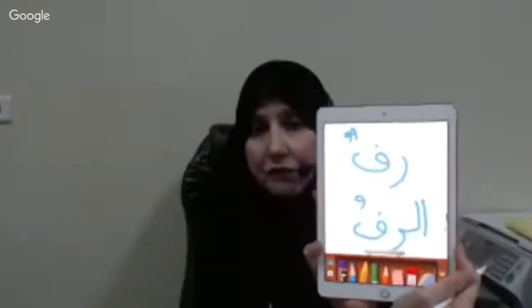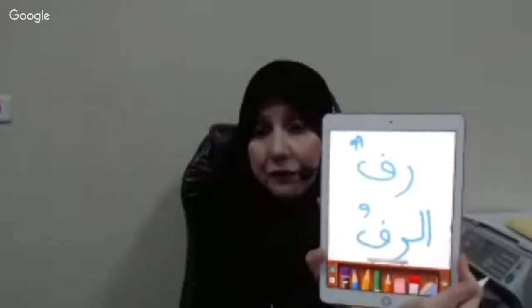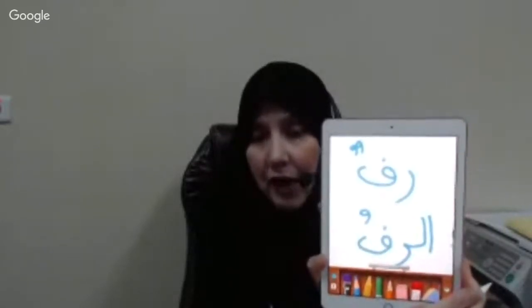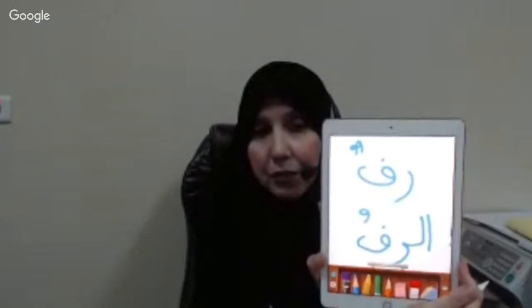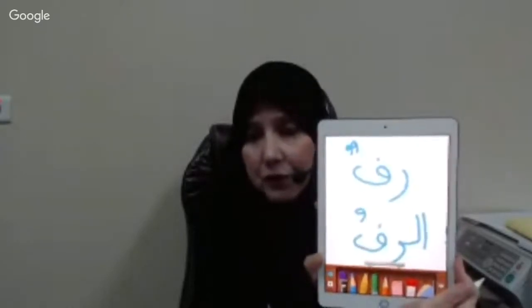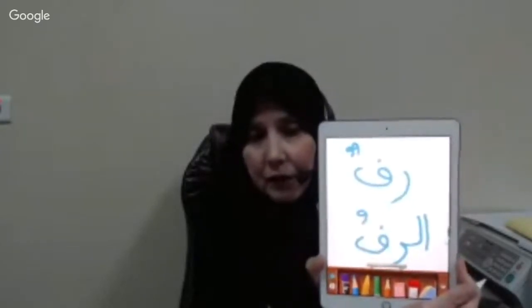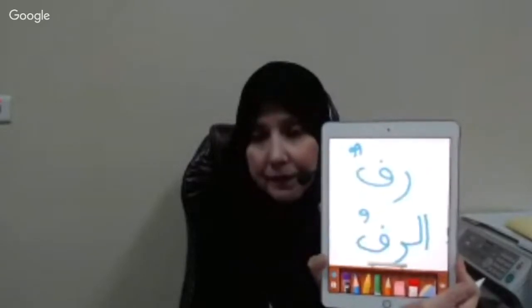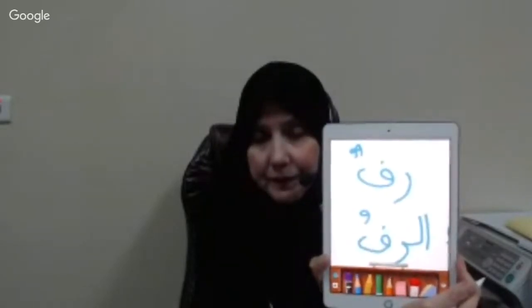You just have one vowel marker. Ar-raffu means the shelf. Ra is a sun letter, so you don't pronounce that lam. Raffun, a shelf. Ar-raffu, the shelf.